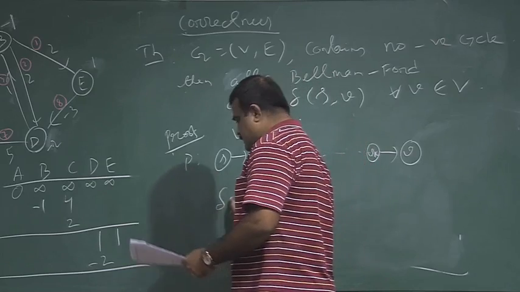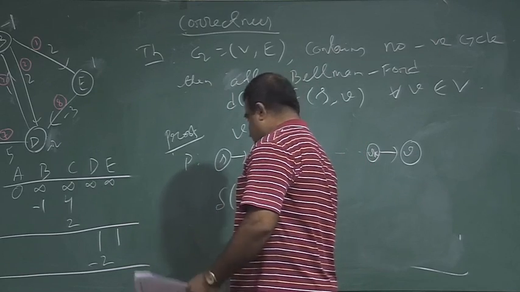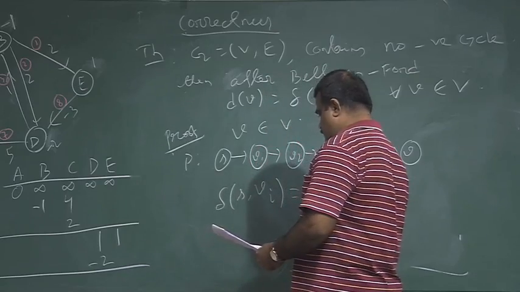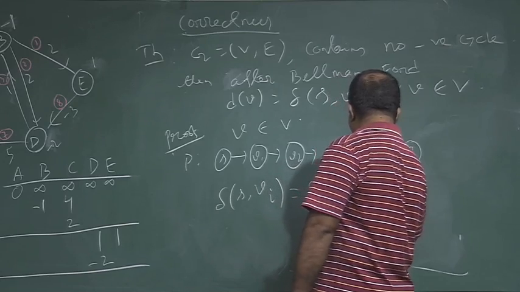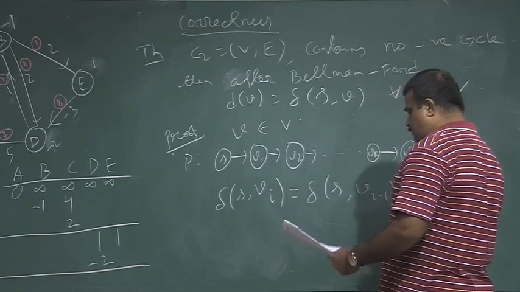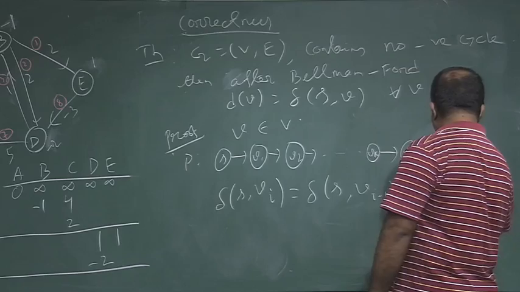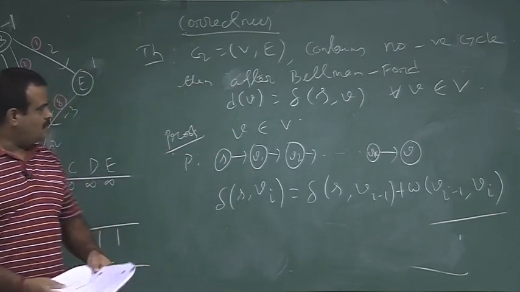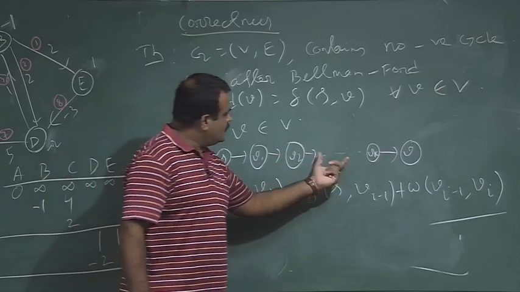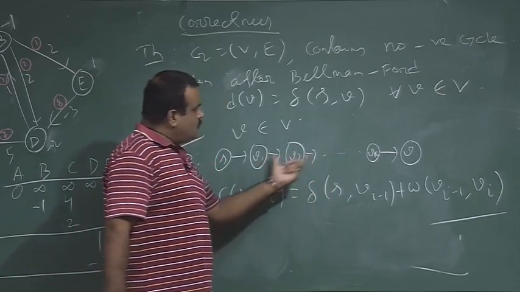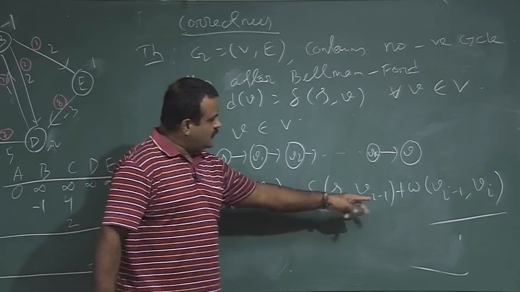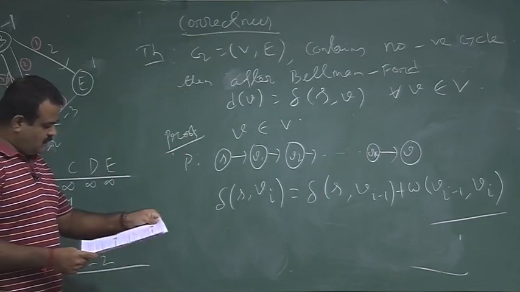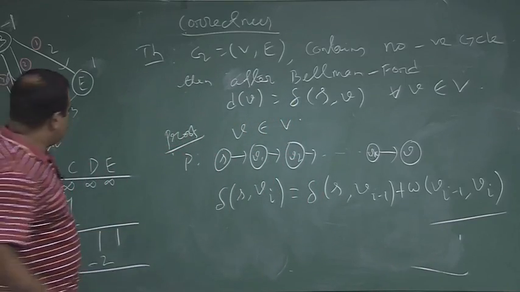So we can write delta of S comma vi is basically delta of S comma vi minus 1 plus W of vi minus 1 vi. This is coming from optimal substructure. If we have a shortest path from S to v, then a subpath will give us the shortest path from S to that node, and this is also a shortest path from S to this. Okay, so this will give us the proof idea.